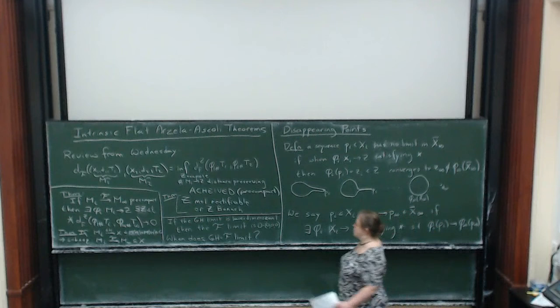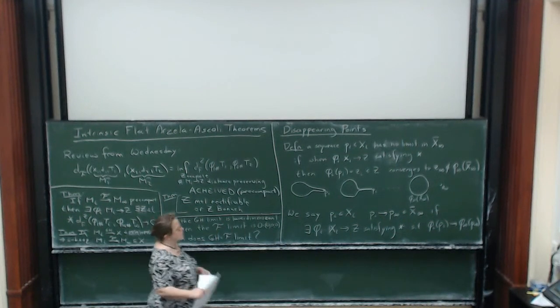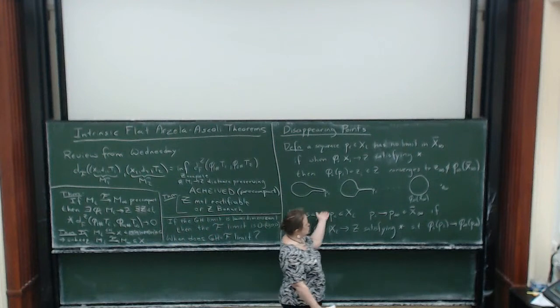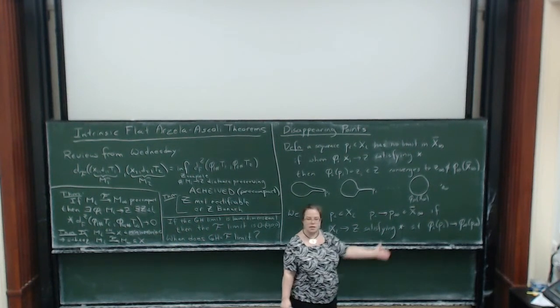And that matches exactly the notion from Gromov-Hausdorff convergence, where you would say that points in the sequence converge to a point in the limit if you could set up these maps like this.